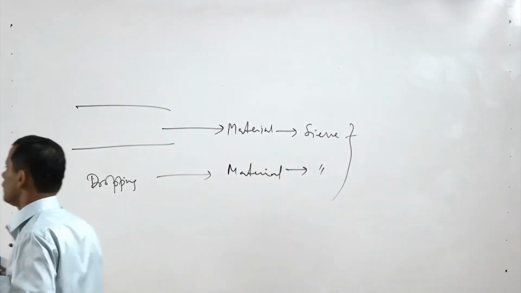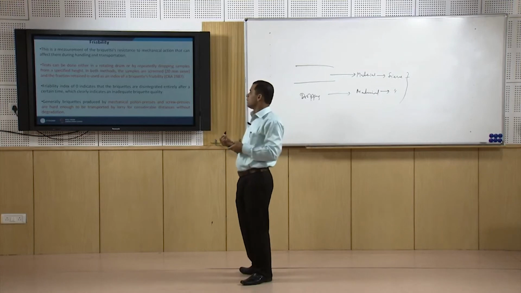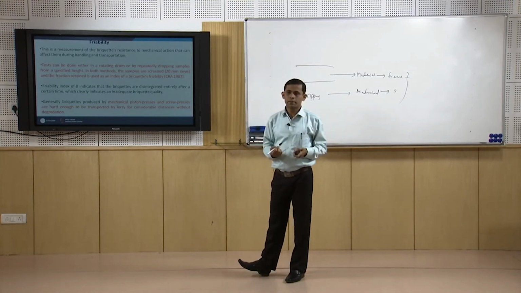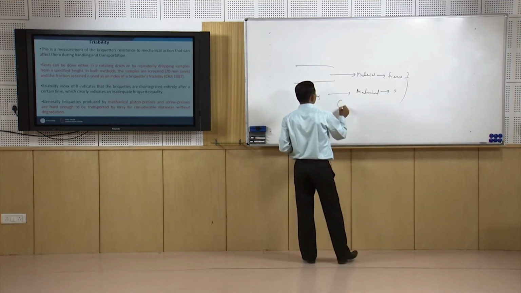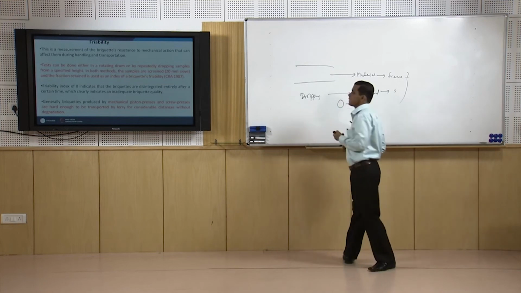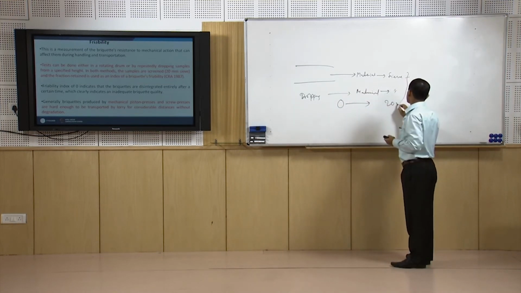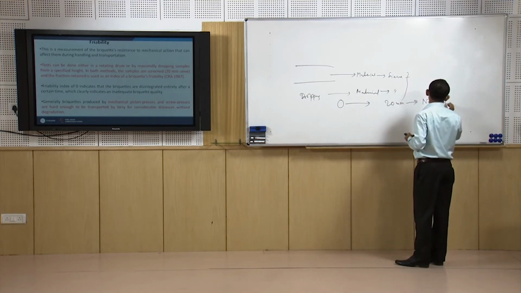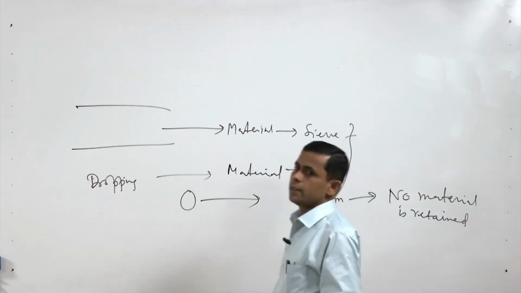After sieving we use a 20 millimeter sieve. How much material is retained is used as the index of the briquette's friability. If the briquette's friability is 0, this indicates that when using the 20 millimeter sieve, no material is retained.